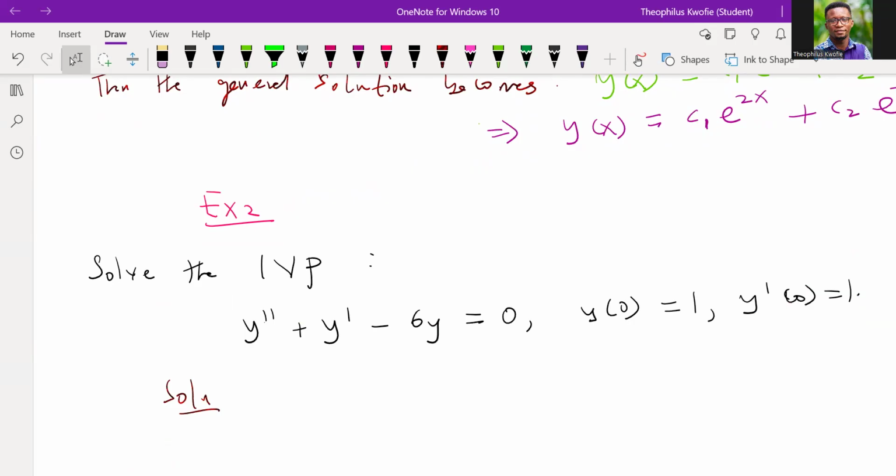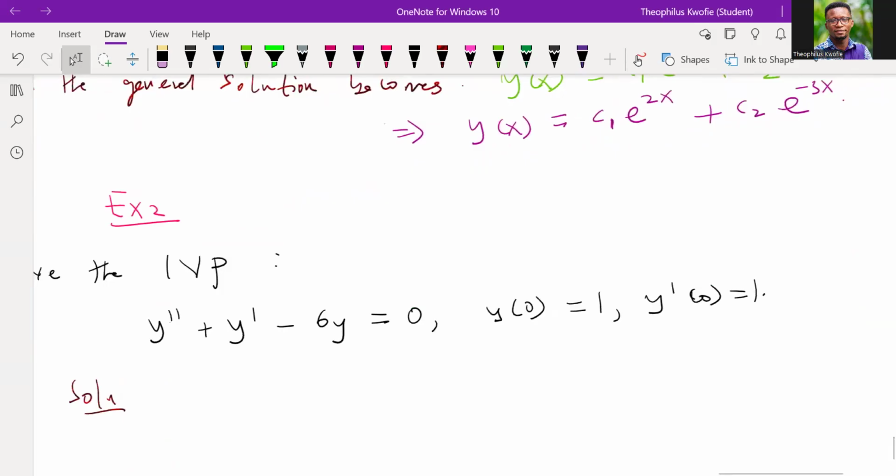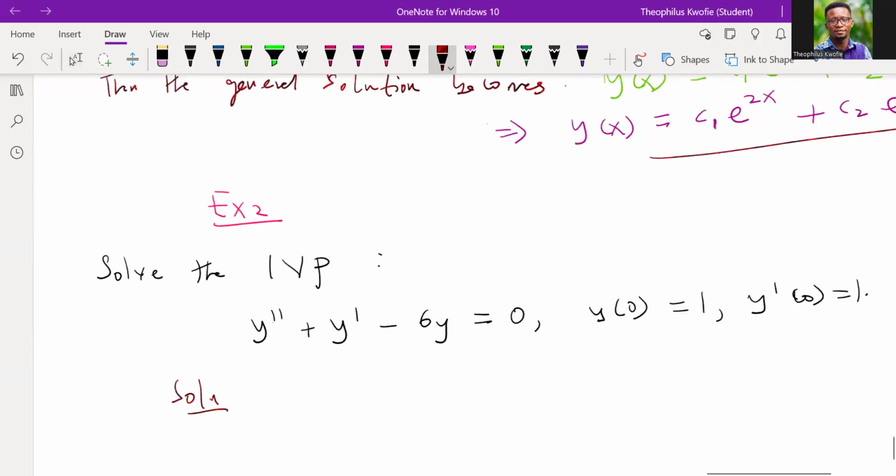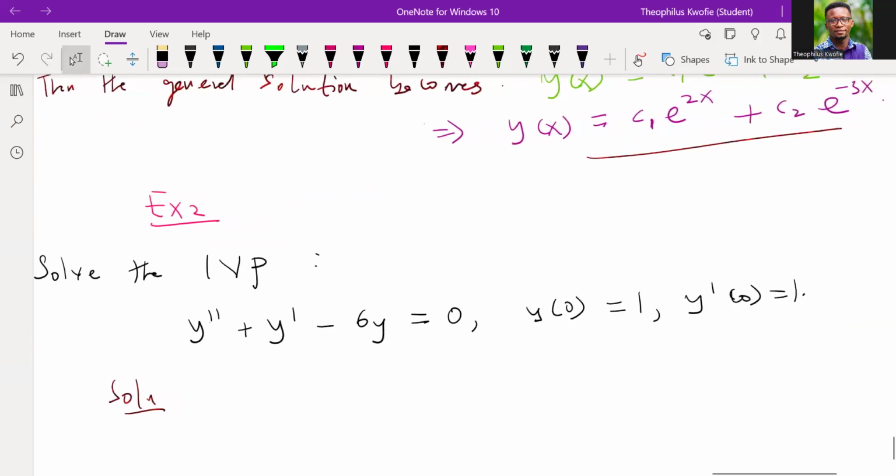Remember that we already have the general solution as this, but now being given this initial value problem, how do we handle that? It's important that the solution also satisfy the initial conditions, which are of this form.